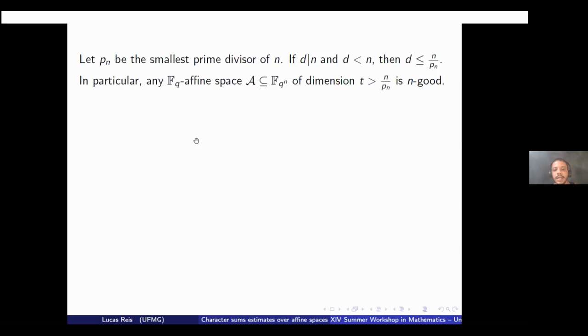So if I take a space of dimension greater than the greatest such divisor, n over p, it will always be n-good. With this straightforward result, I can see that my affine space is n-good, so I can apply the non-trivial bound of character sums.